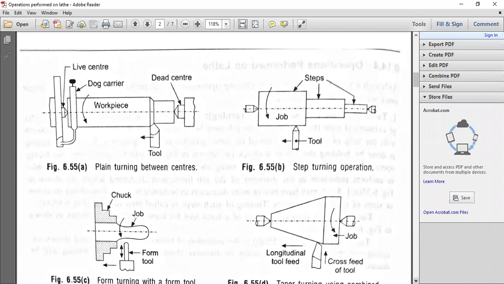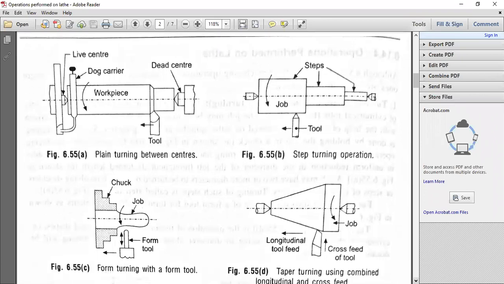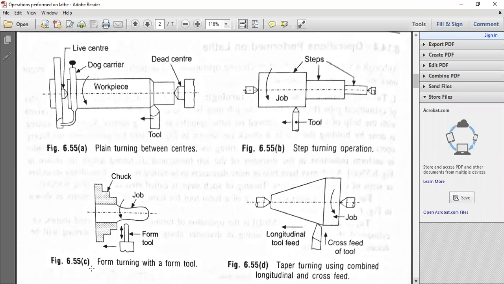And we have form turning. The third type of turning is form turning. You have the form tool. You just try to see how you prepare the form tool in the tool room. It depends upon the shape of the job, or the design of the job you require. So this is the chuck, this is the job.